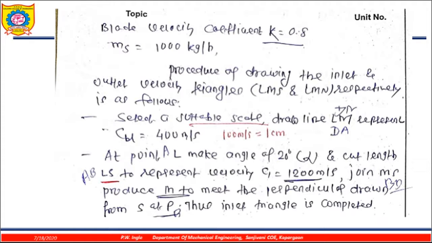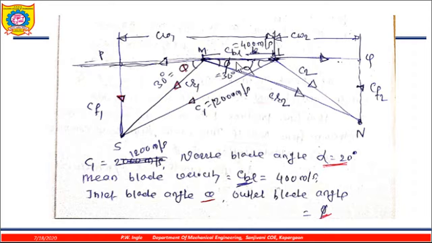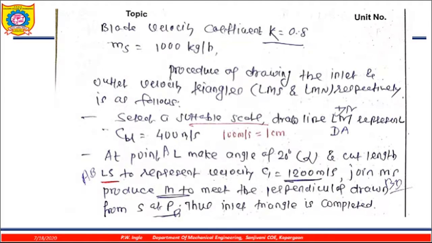Then at point L, make an angle alpha, that is 20 degrees, and cut LS, that is C1 1200. You draw the line LS at angle alpha with 12 centimeter length, because 1 centimeter equals 100 meter per second.